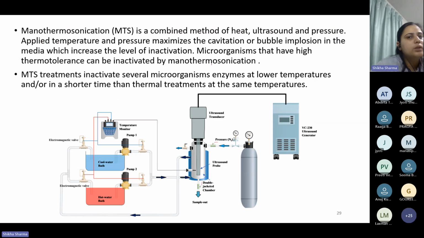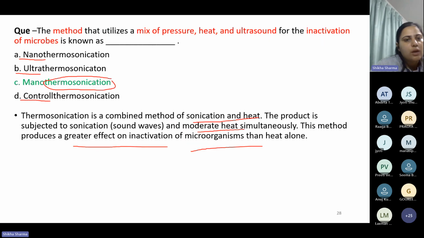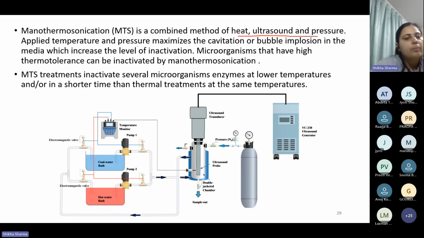In manothermosonication, there is heat, ultrasound, and pressure, as we just now discussed that option C is correct. Because of the pressure and the temperature, the sonication effect, which is the cavitation, basically forming bubbles, grows, and the bubble explodes.